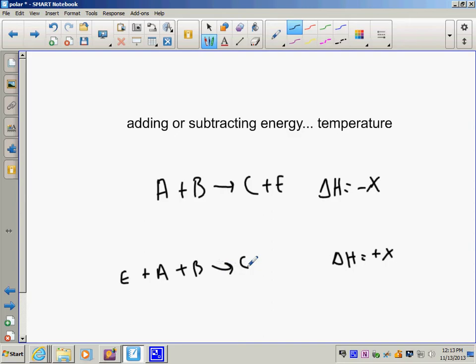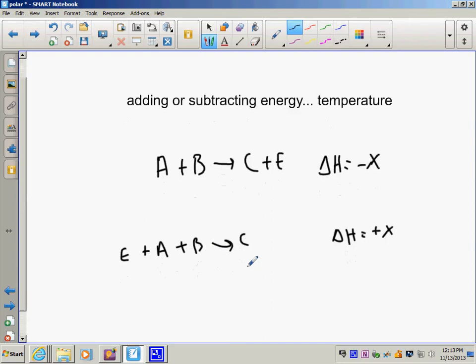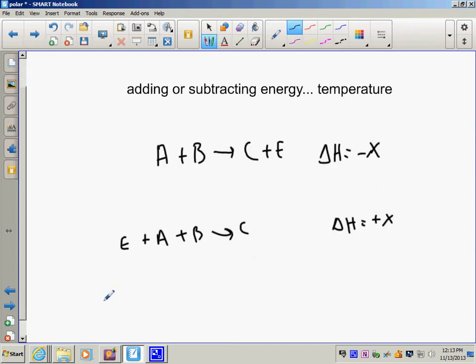So our two options are problems where we could simply say I'm going to either add energy or remove energy. This is the same thing as saying increasing the temperature or decreasing the temperature.